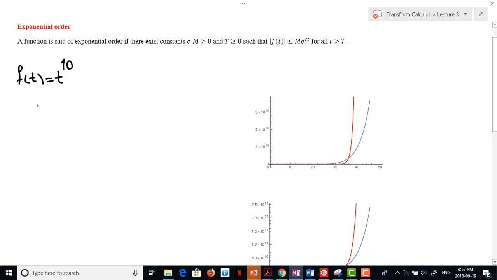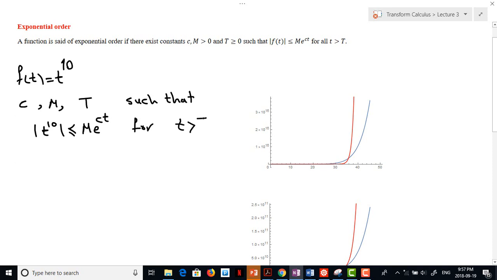If you just give me one set of c, M, and capital T such that f(t), here t to the power of 10, is less than or equal to M times e to the power of ct for t greater than capital T, then we can say t to the power of 10 is of exponential order. So here we have the plot. The blue plot is f(t) equal to t to the power of 10.